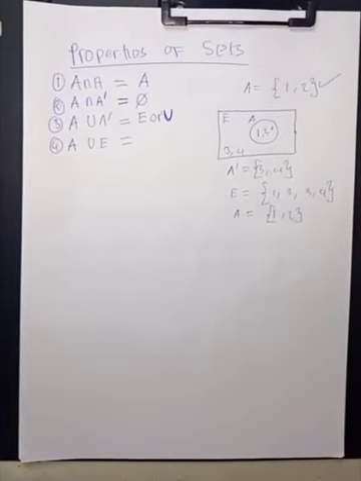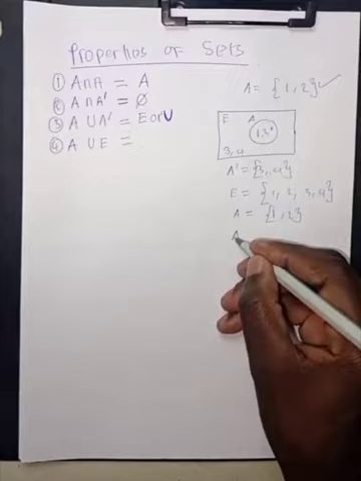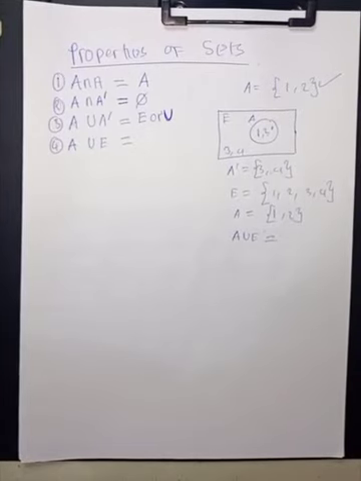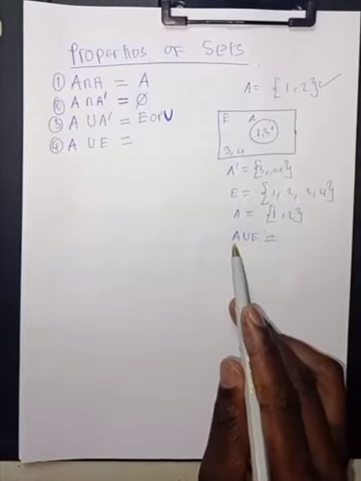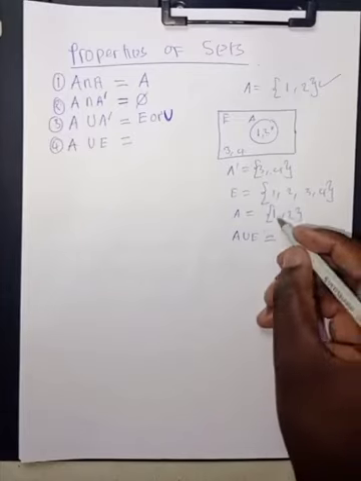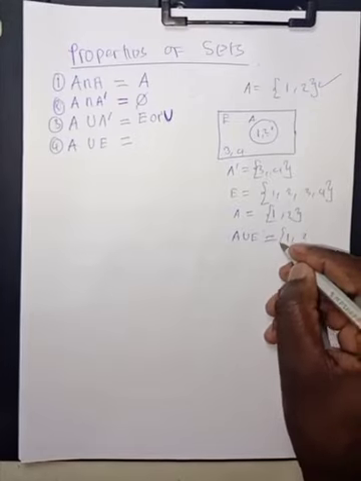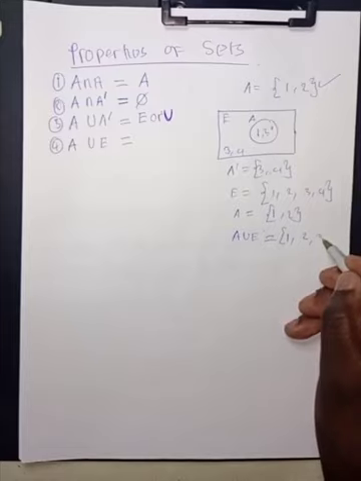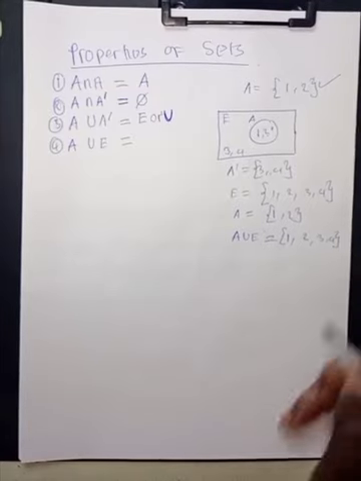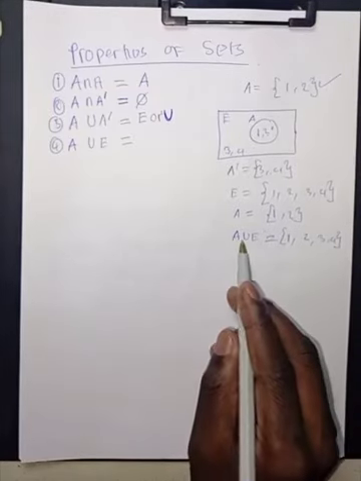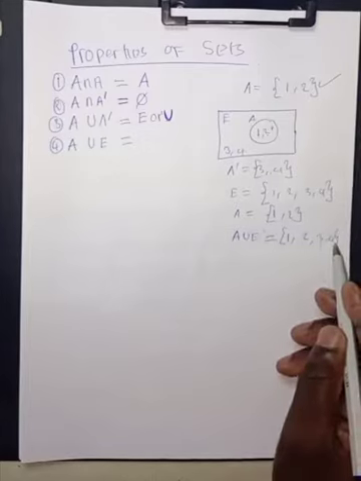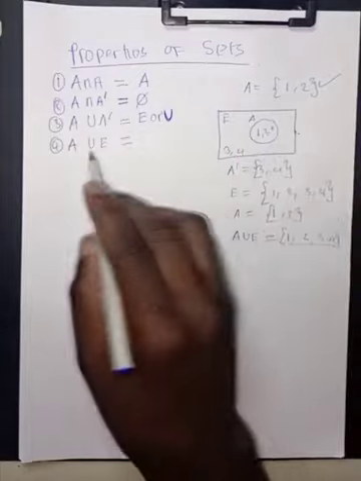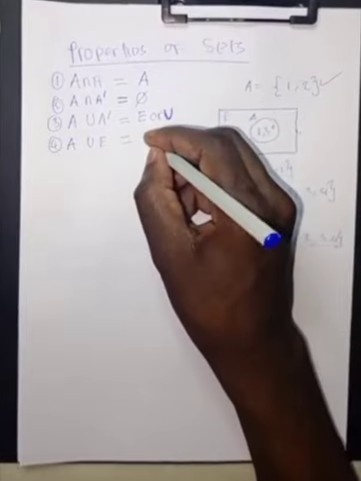Now, if I were to find A union E, what would be the answer? In set A we have 1 and 2. What do you have in the universal set? 1 and 2, which we have already written, and then the addition will be 3 and 4. Meaning that A union E is basically set E, because it is everything contained in the entire universal set.